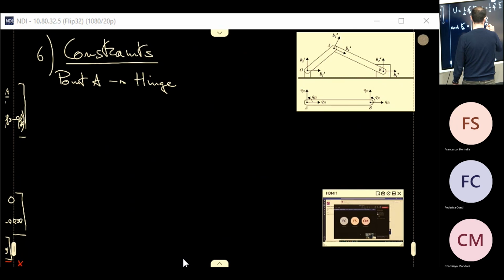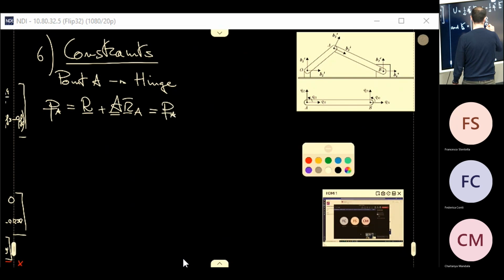So we have to impose that the position at point A with respect to body number 3, which we can write as follows, is equal to the same quantity expressed with respect to body 2.